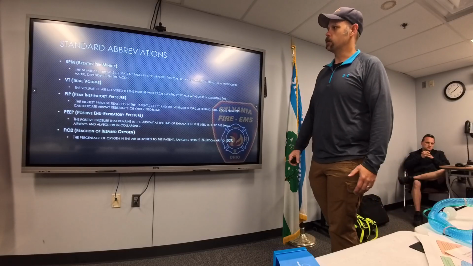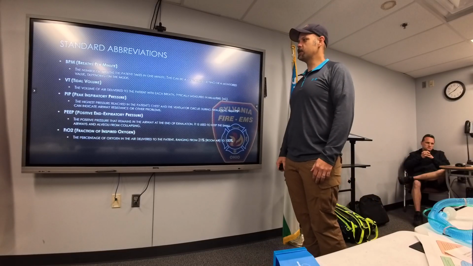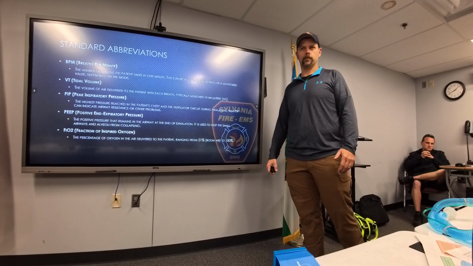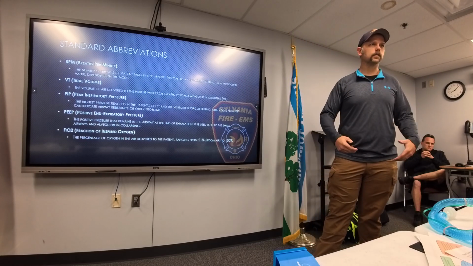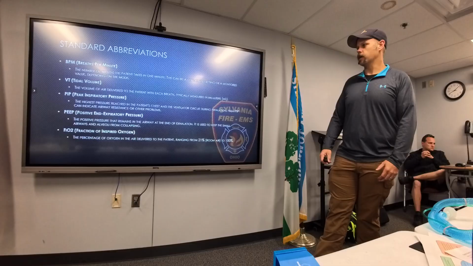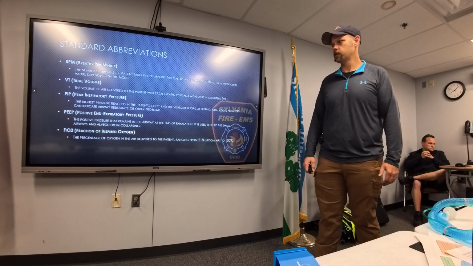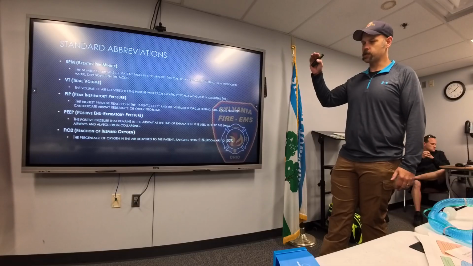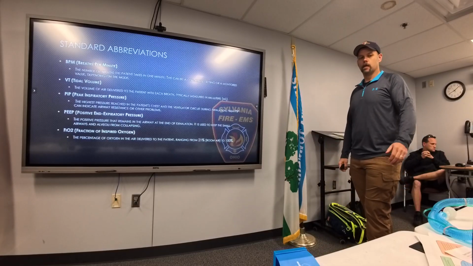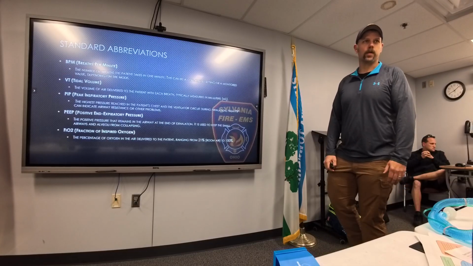Abbreviations: BPM, we all know, is breaths per minute. VT is tidal volume. That's how many mLs we're taking in for each breath. Our PIP, peak inspiratory pressure, is the highest pressure reached upon inspiration. These vents are smart enough that they measure pressures.